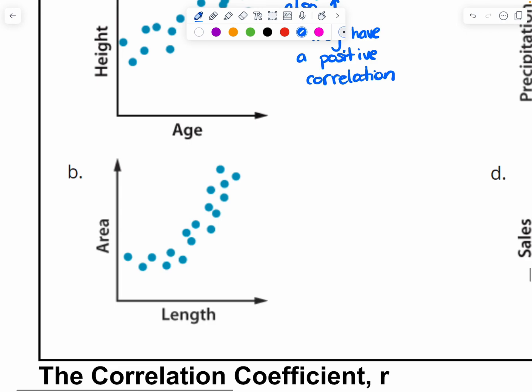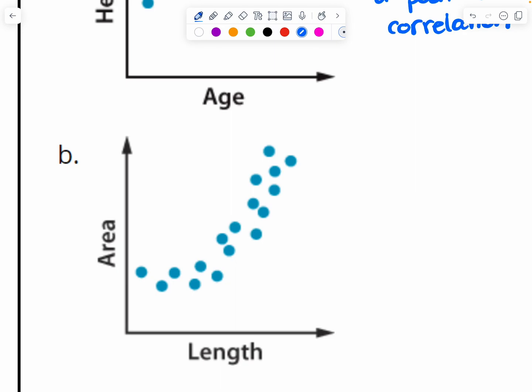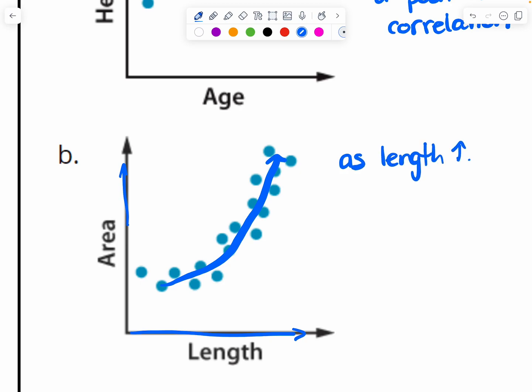What about graph B? The area of something versus the length of the shape. If I look at this, as the length increases, the area is also getting bigger, right? So as length increases, area also increases.